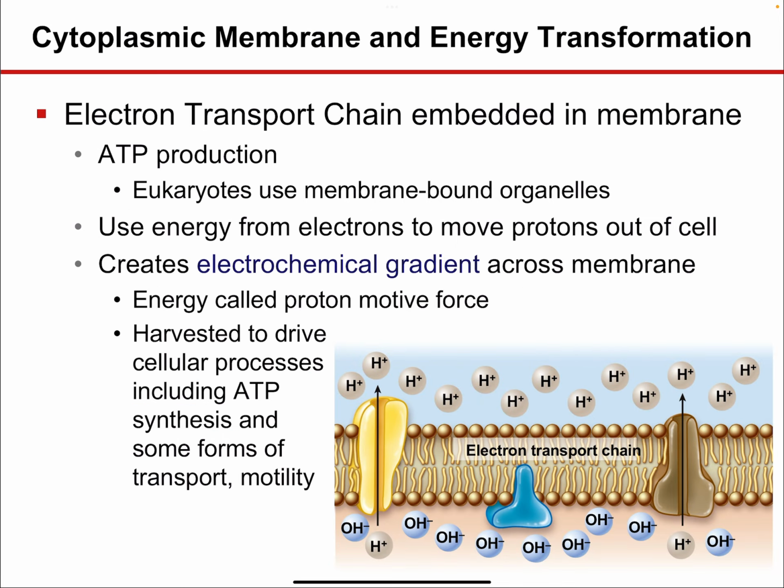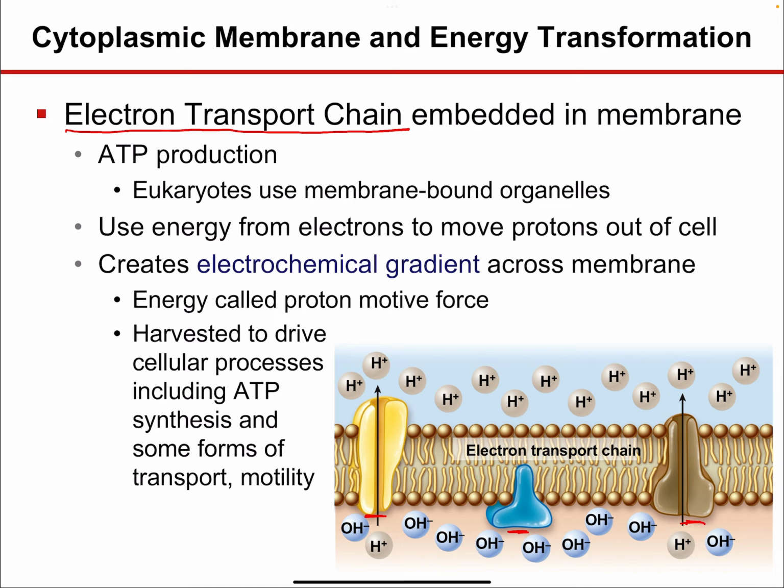Now, our next step is going to be the role of the plasma membrane in the production of energy in bacteria. Know that in bacteria, the plasma membrane is the place where the electron transport chain is going to be located, right? That electron transport chain right here, right?